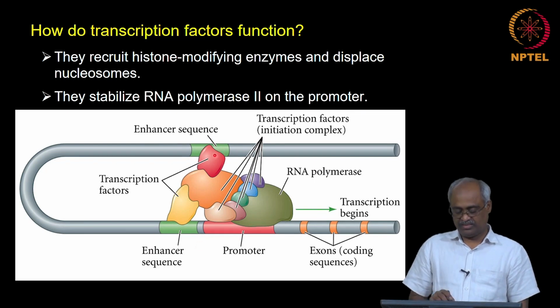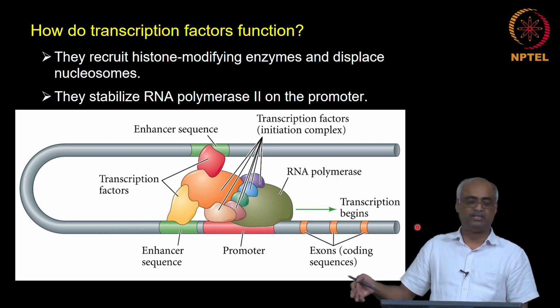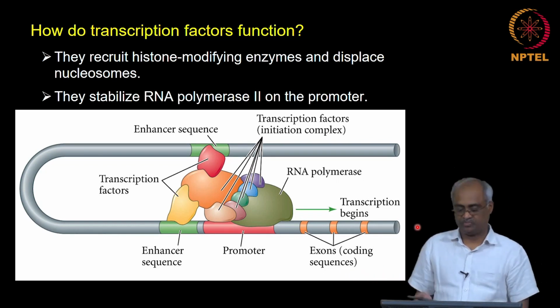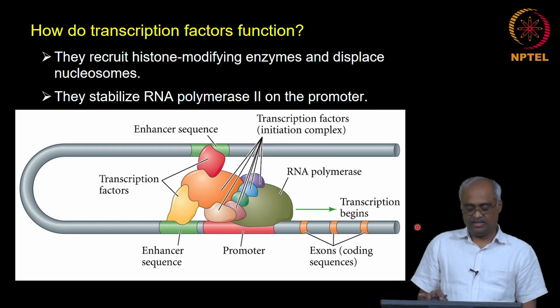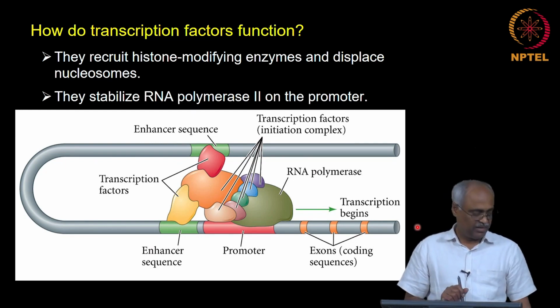So this explains if it is present within the coding sequence also, in the introns or whatever, or it can be even the downstream sequence. So, these are the general ways, but there are variations for each transcription factor. Generically, these are the major ways by which transcription factors help in controlling the rate of transcription.